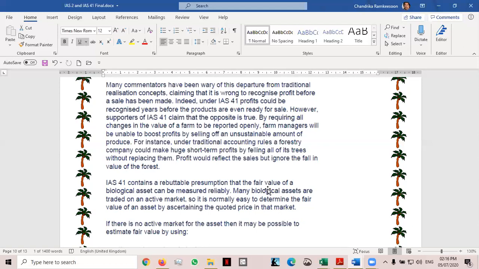But then supporters of IAS 41 claim the opposite is true. By requiring all changes in the value of a farm to be reported openly, farm managers will be unable to boost profits by selling off an unsustainable amount of produce.